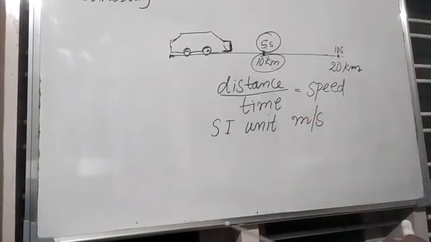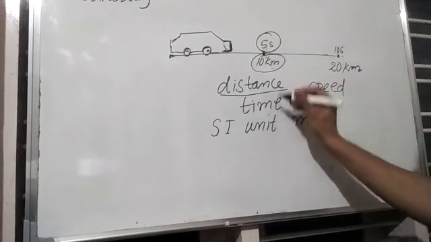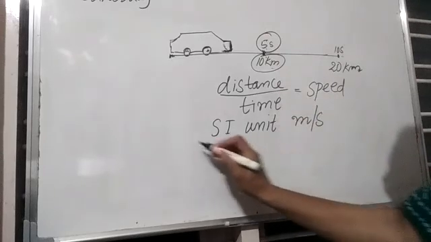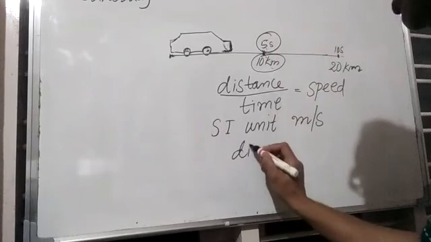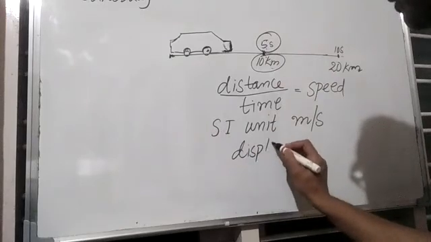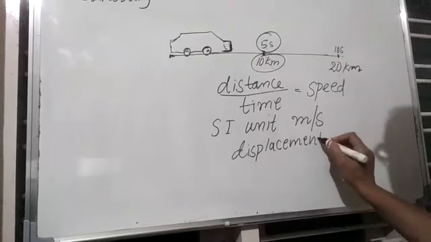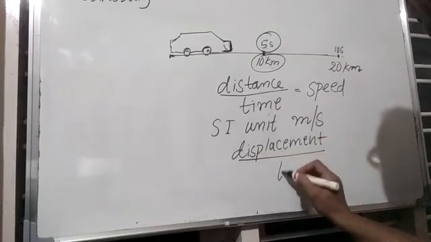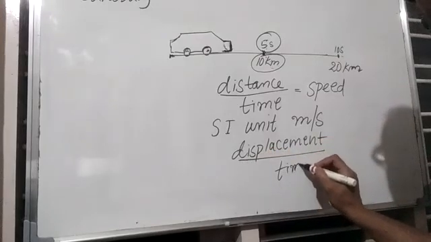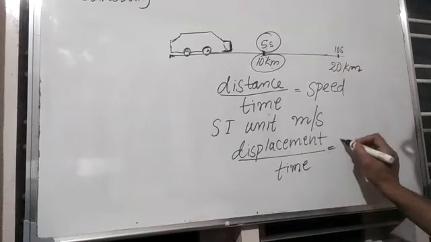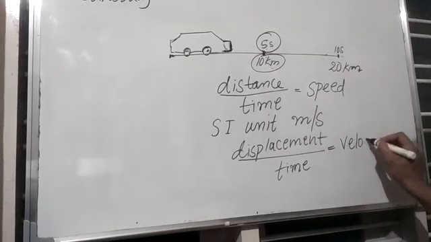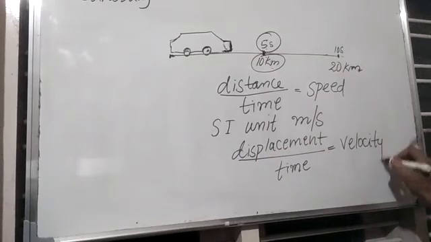Now, if instead of distance travelled it is displacement, then the displacement of the object divided by the time taken to cover that displacement is known as the velocity of the object.